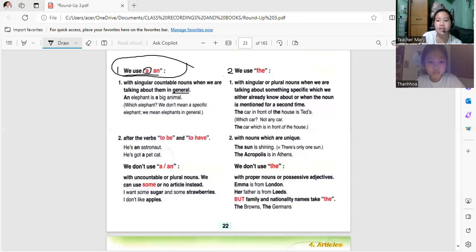Okay, did you see our chat box? So like for example, a goat is an animal.